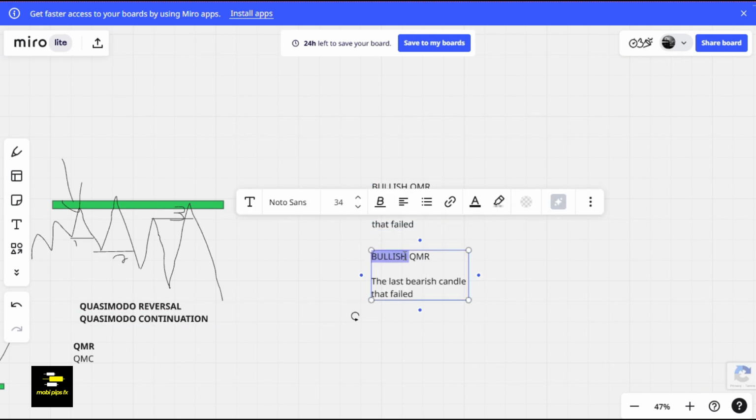Now the bearish QMR will be the last bullish candle.